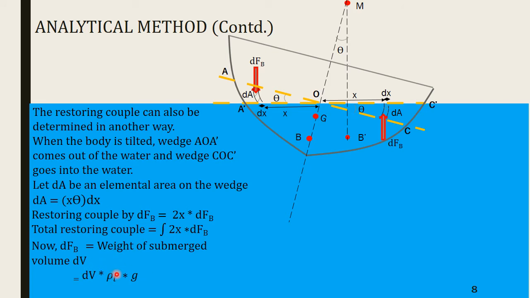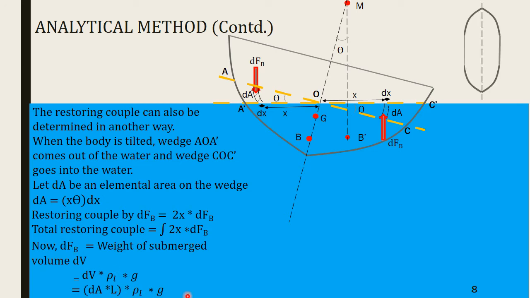So dV into rho liquid into g is the value of dFB. dV has been written as dA into L, where L is the length of the boat, which is into the plane of the screen and not visible to us. So dFB would be dA into L into rho L into g.